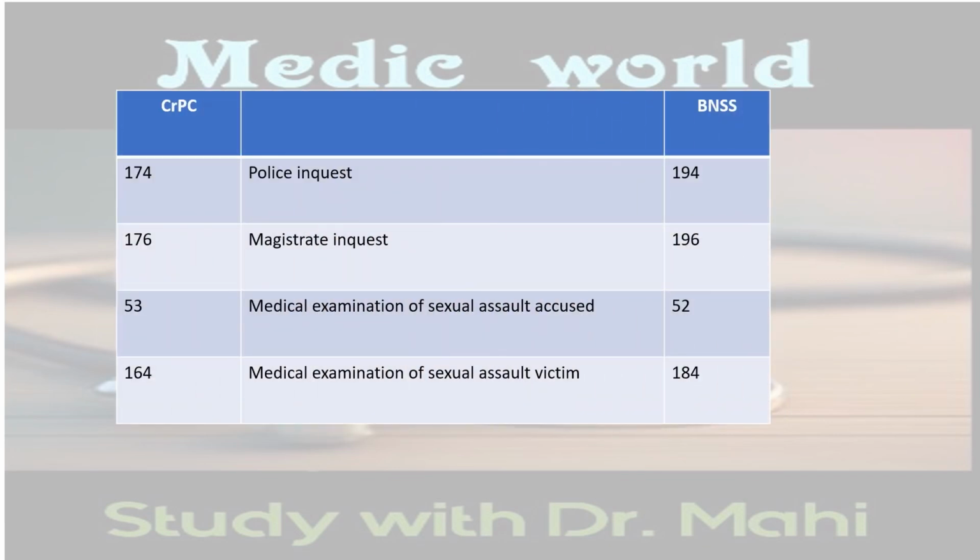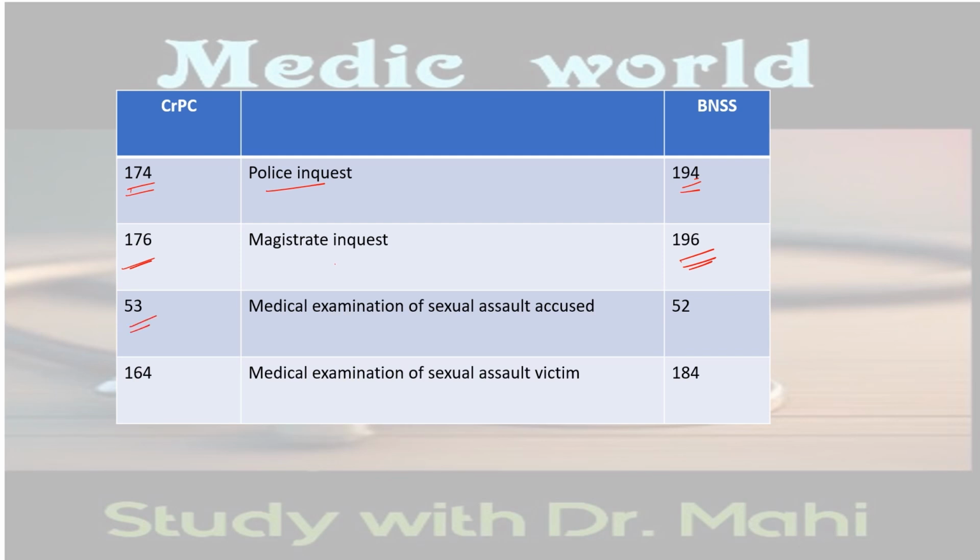Now next, CrPC. 174 was police inquest. In BNSS it is 194. 4 is constant. 176 was magistrate inquest. In BNSS it is 196. 6 is constant, 19.